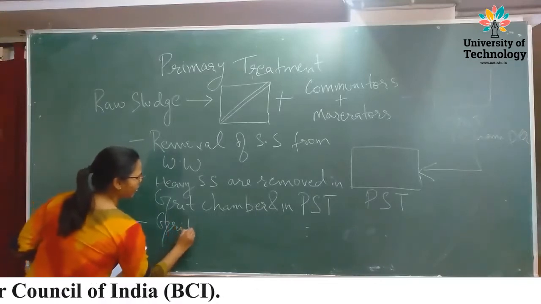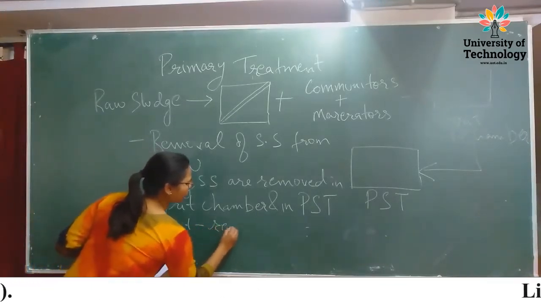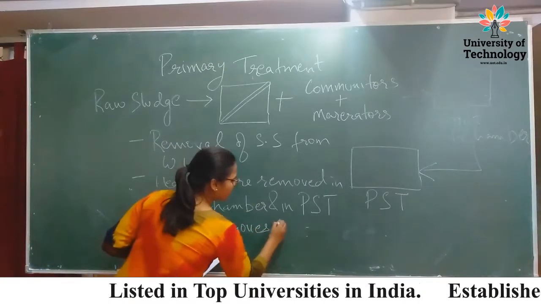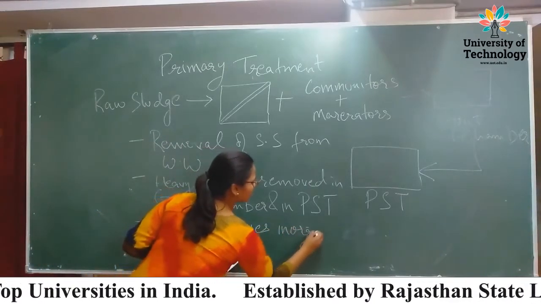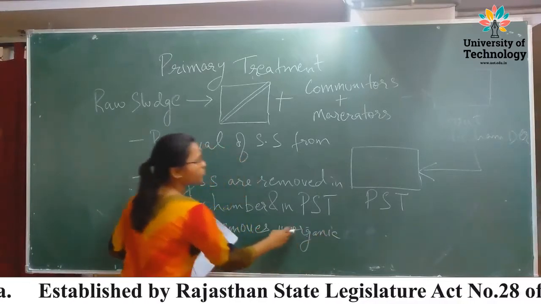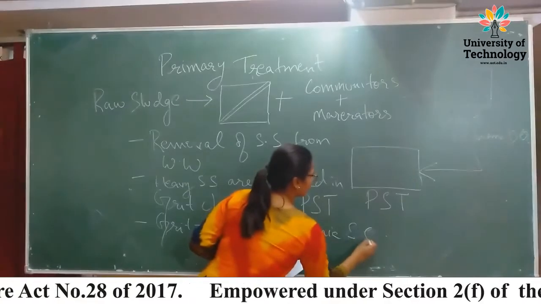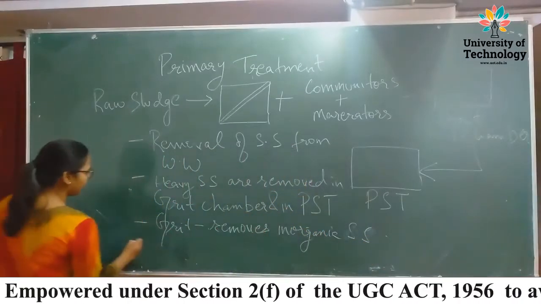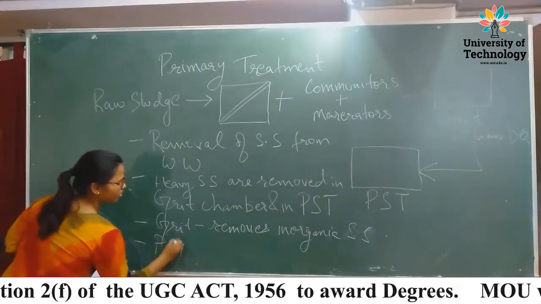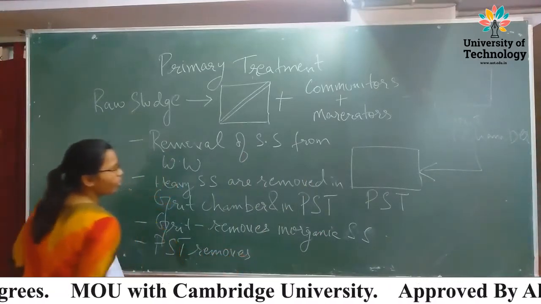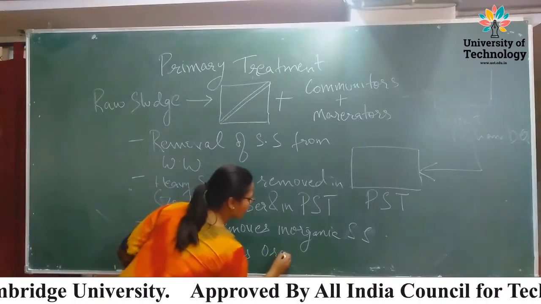So the grit chamber removes inorganic suspended solids, which are received basically from street washing, and PST removes organic suspended solids.